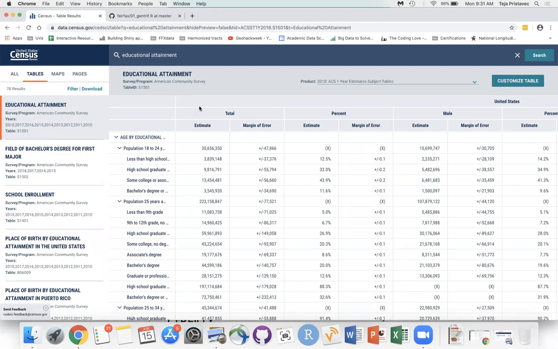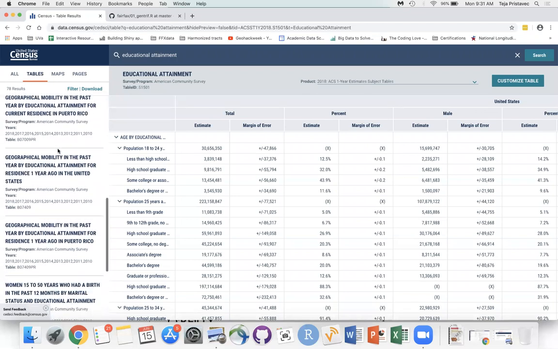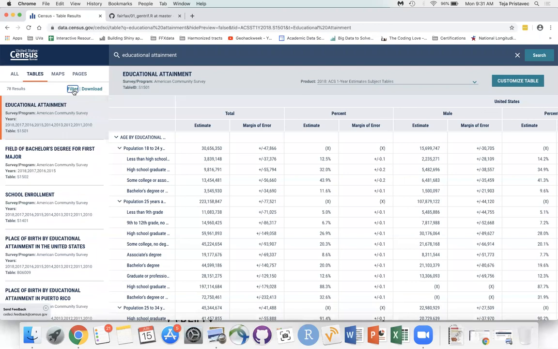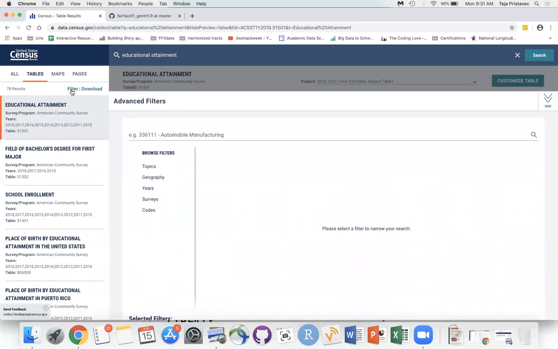We're going to walk through all of these things, but the first thing you want to do is filter the search results based on what you need, right? So we talked about geography. Maybe you need something that's very geographically granular. Maybe you don't care. Maybe you care about which particular year, maybe you don't.